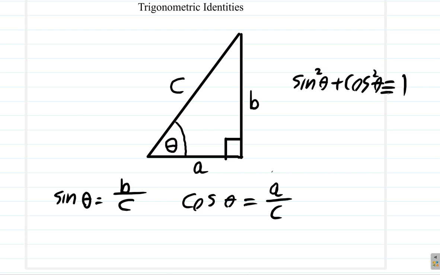Now remember the identity, right? You represent it with 3 strokes, because any number you put in for theta, it will work.